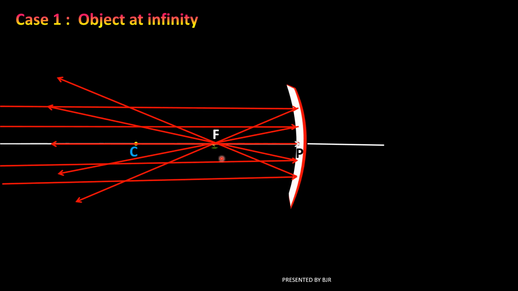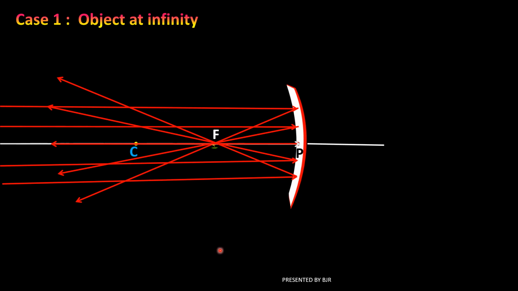Now you see here a small inverted image has been formed here. So a small image of the tree this side has been formed here. So when the object is at infinity, its image will be formed at the focal point F. Okay, so these are the reflected rays.